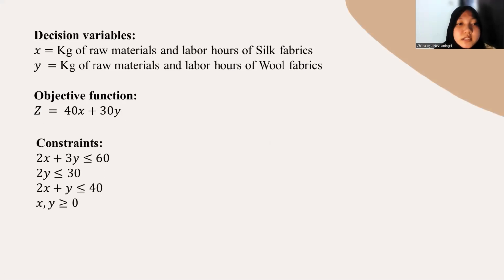After that, the constraints. We decide the constraints. The first constraint is 2x plus 3y less than or equal to 16, the second constraint is 2y less than or equal to 13, and the last constraint is 2x plus y less than or equal to 40, and x, y are greater than or equal to 0.